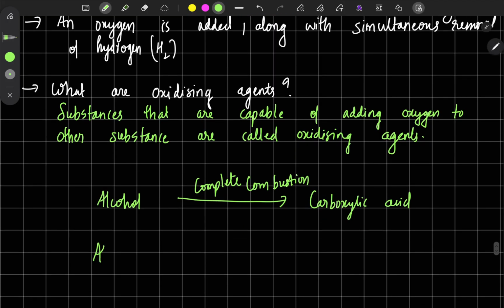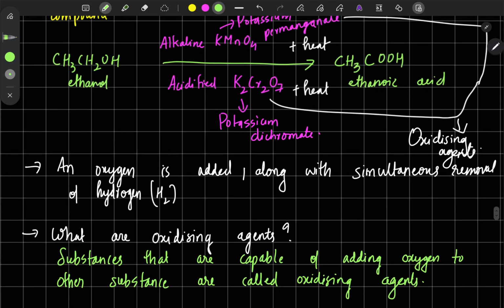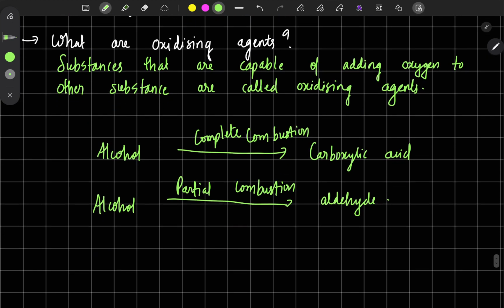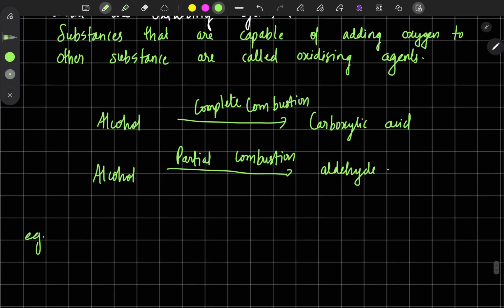If the alcohol is undergoing partial combustion, it will become its respective aldehyde. So imagine if ethanol was undergoing partial combustion, PC meaning partial combustion, what would have been formed?